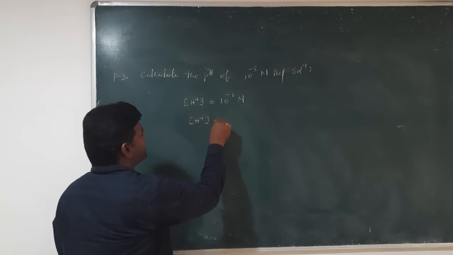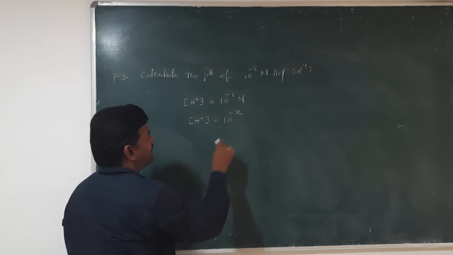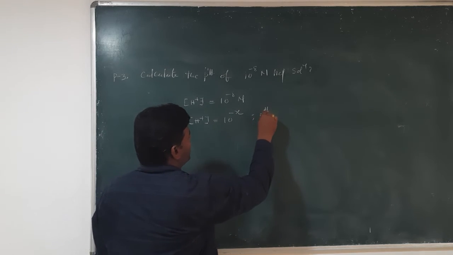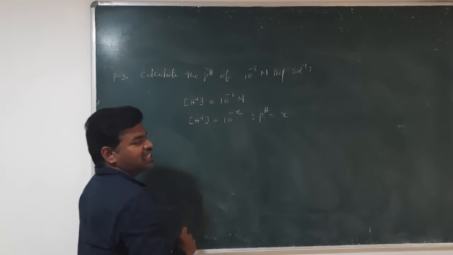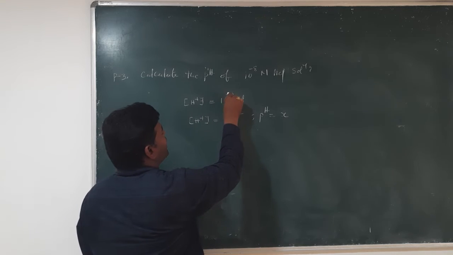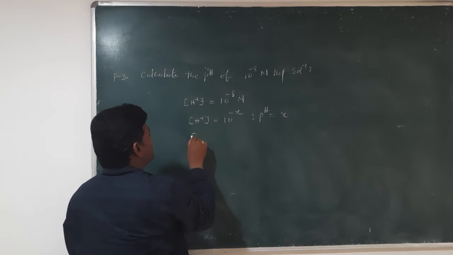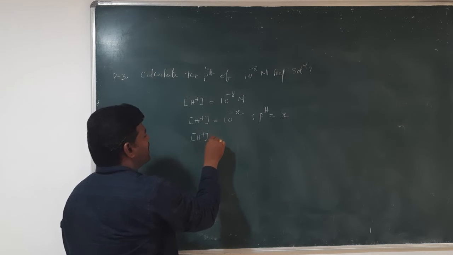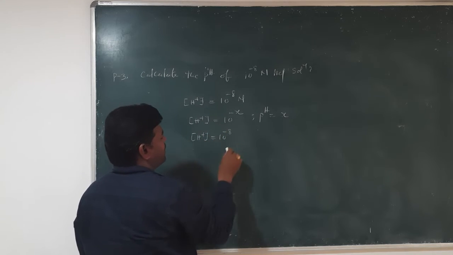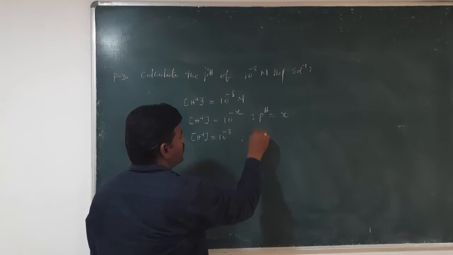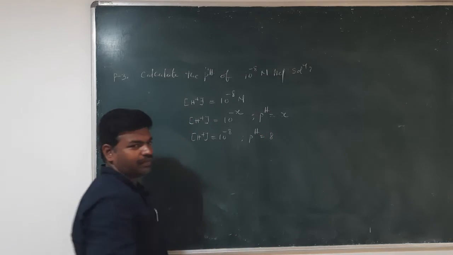And we know that if the concentration of H plus ions is 10 power minus 6, then pH is 6. Similarly, here the concentration of H plus ions is 10 power minus 8. That means the pH of that solution is 8.